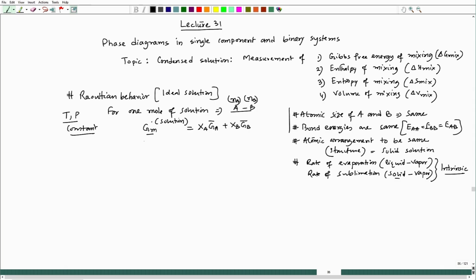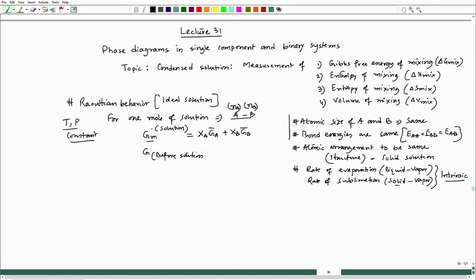Now, before solution formation we can take it as XA GA naught plus XB GB naught, and remember this is also for 1 mole of mixture. 1 mole of total quantity before mixing.